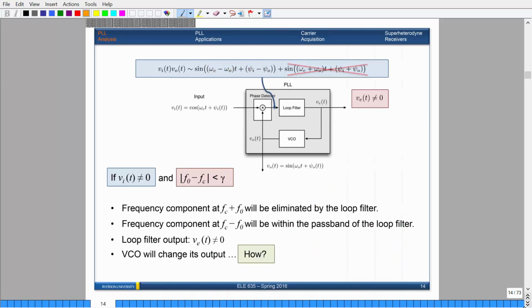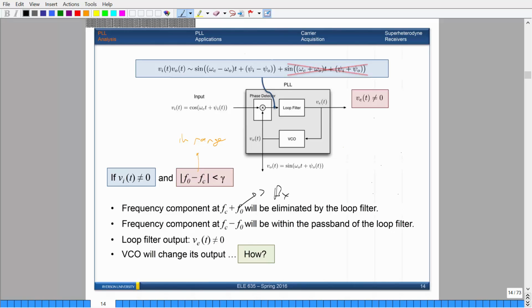All right, so now we're in the predefined range. If we are in range, remember, this is a low-pass filter. If you take the carrier frequency and add it with the free running frequency, that will be beyond the bandwidth of your loop filter, and that gets eliminated.